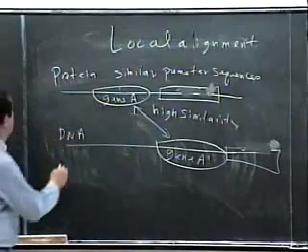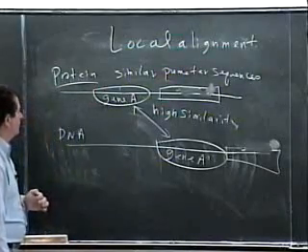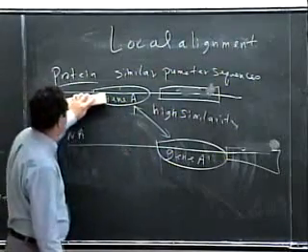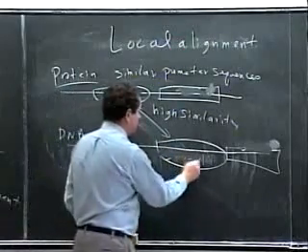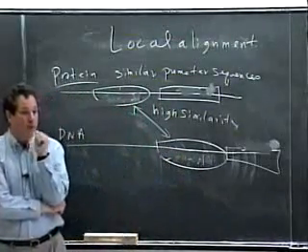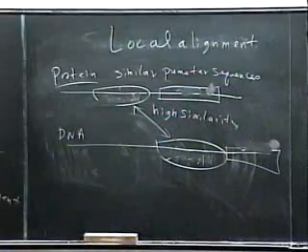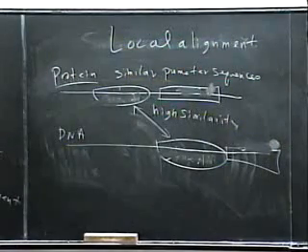But just thinking more in terms of protein and protein evolution, what can you say that would suggest how local alignment comes about? Active sites, binding sites of protein should be kept similar in different species.